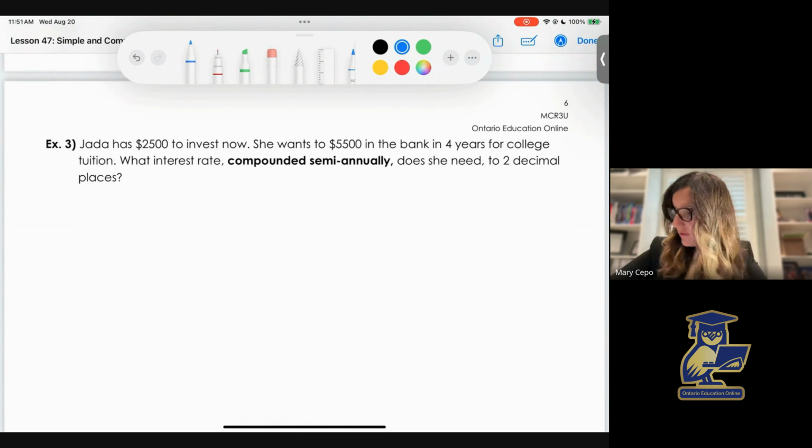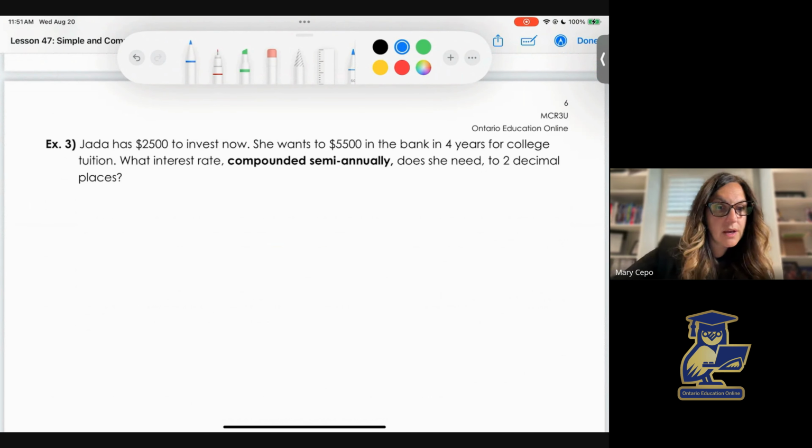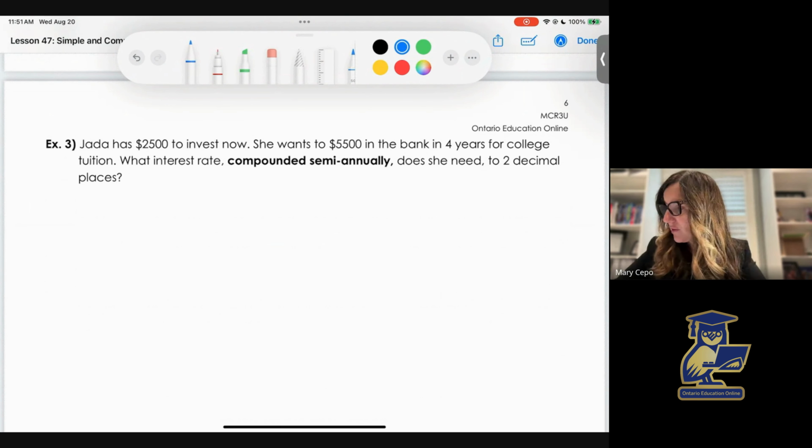Okay, we have Jada, who has $2,500 to invest now. She wants $5,500 in the bank in 4 years for college tuition. What interest rate, compounded semi-annually, does she need, to 2 decimal places? Okay, so we have a little bit of work to do.